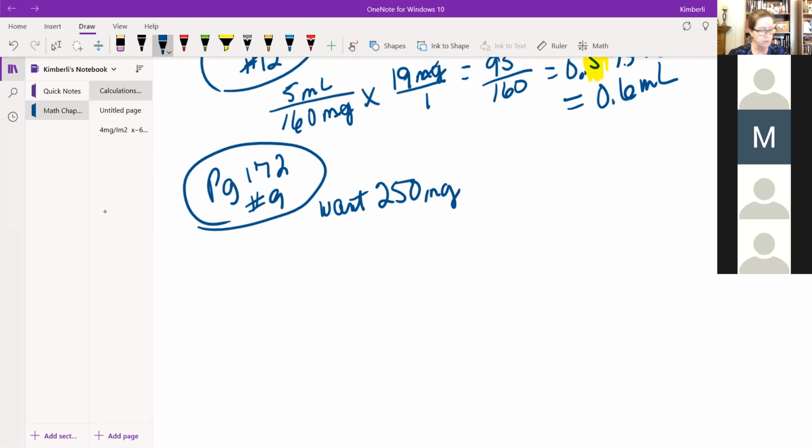We have 125 milligrams per 5 mLs. We have 250 milligrams per 5 mLs. And we have 375 milligrams per 5 mLs.